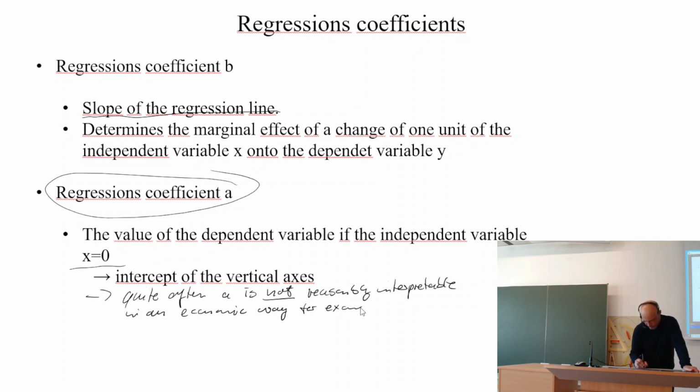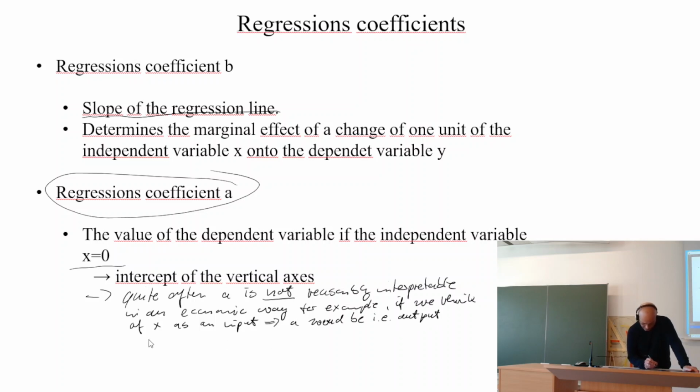For example, if we think of x as an input, then a would be, for example, output, or if we think of x as input and y as output, then a would be, for example, output for no input.